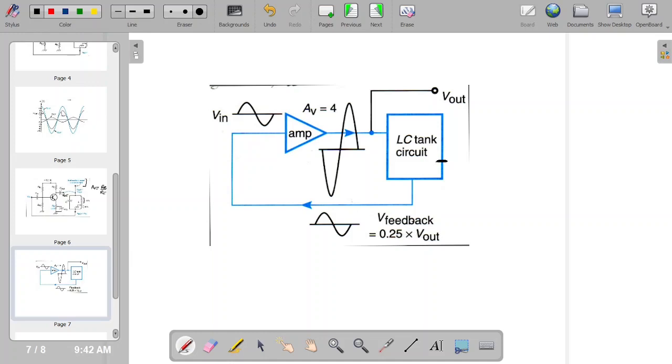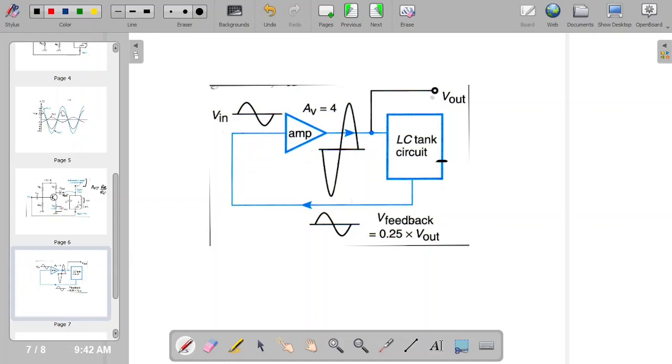So you get a quarter of the output. So that's the sine wave. So this becomes the input to the amplifier. And here the AV is 4. So you would turn the pot so that AV is equal to 4. So that gives you this sine wave. So it's 4 times what came in, so you end up with V-out.